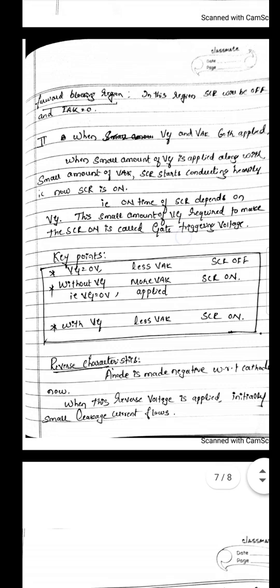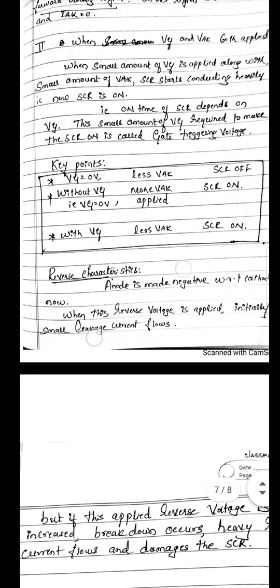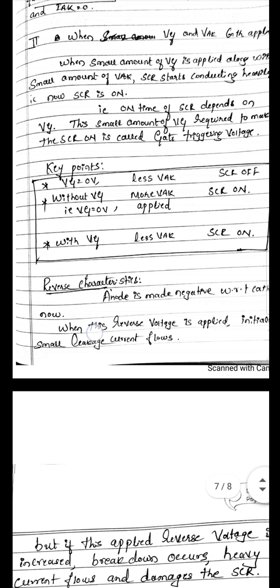Here, for those characteristics, I have written key points. This will be very easy for you to remember and answer properly. Without VG, VG is 0, and less VAK applied: no effect, the SCR is going to be off. Without VG, again VG is 0, but instead of less VAK, you have applied more VAK: the SCR is on.